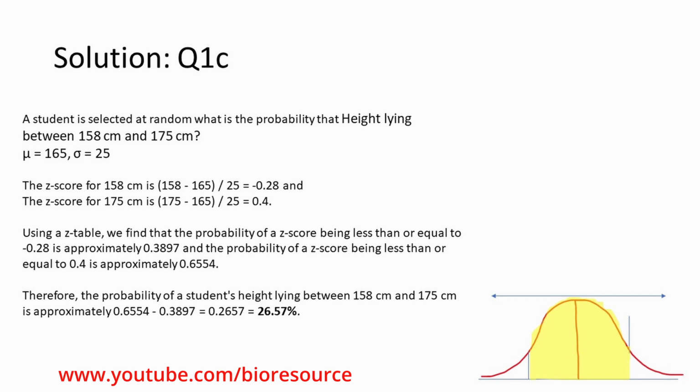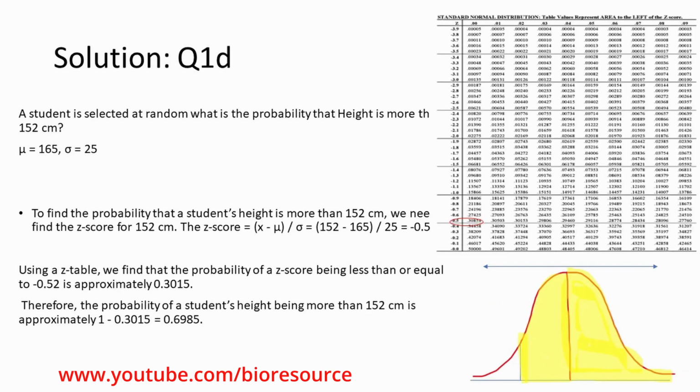Now we need to calculate the area of the highlighted region, so let's subtract 0.3897 from 0.6554. That corresponds to 0.2657, or 26.57%. This means the probability of the student's height lying between 158 and 175 is 26.57%.